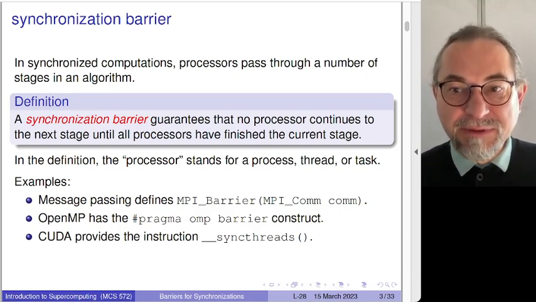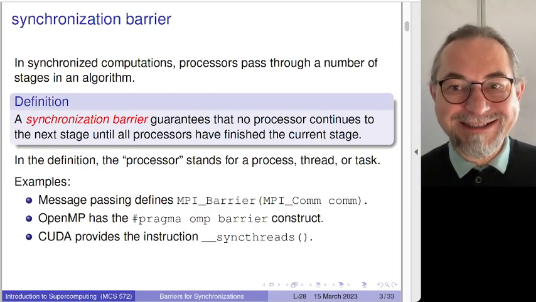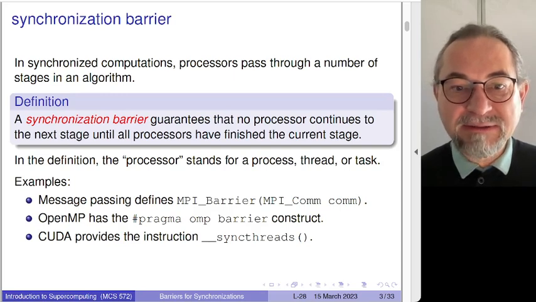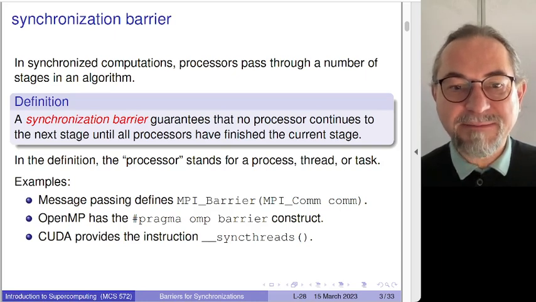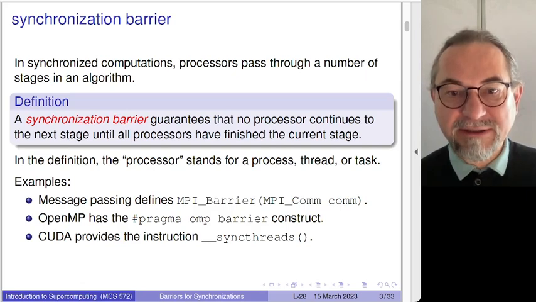So here are the examples. In this course we do distributed memory parallel computing, shared memory parallel computing, and accelerated computing. Here are three examples. In message passing we have used already the MPI barrier. OpenMP has the construct pragma omp barrier. And in CUDA, we can synchronize all the threads within a block by the command syncthreads.